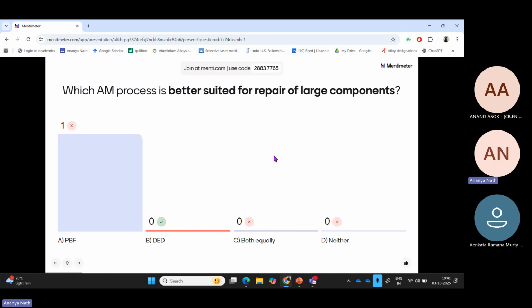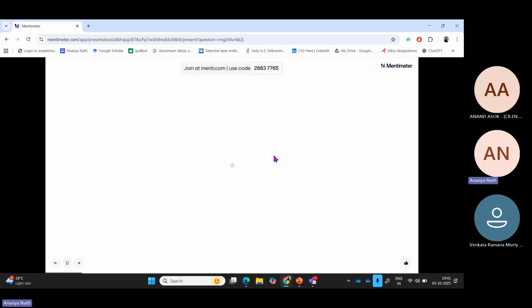Then large component is also related to DED. Repair is very difficult in PBF and we will not go for PBF for any repair. Large components are also related to DED because DED is an open environment. You can print as much as you want. But in PBF, it's a closed chamber. The F theta lens is defining your build volume. So that's why it's better for DED.